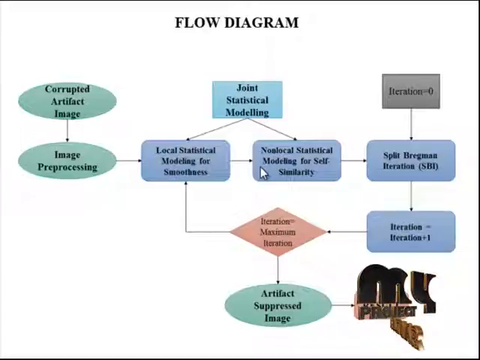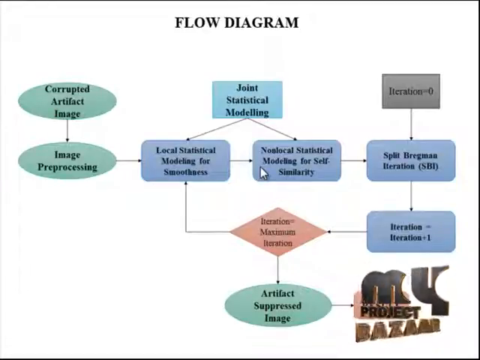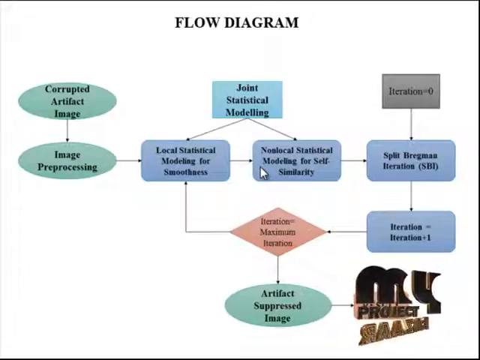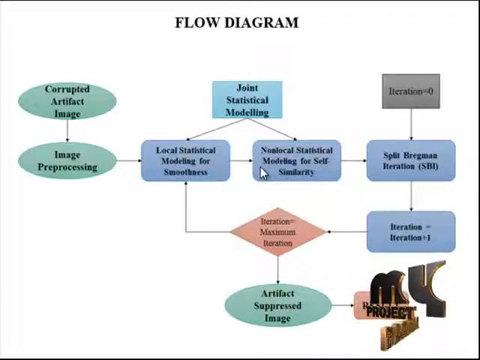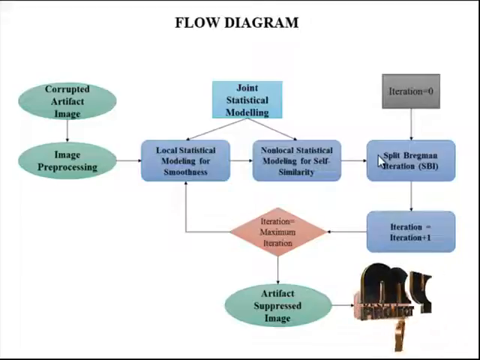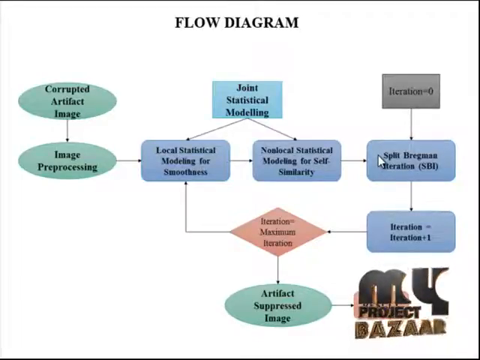Finally, estimate the zero mean and variance so as to remove the artifacts effectively. Repeat the above steps up to the maximum iteration based on the split Bregman iteration. The split Bregman iteration is the repetition of the process up to the maximum iteration.